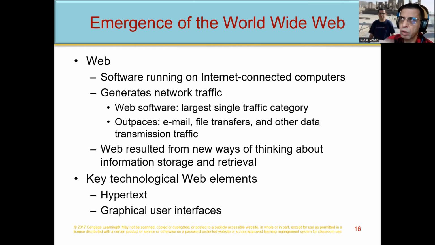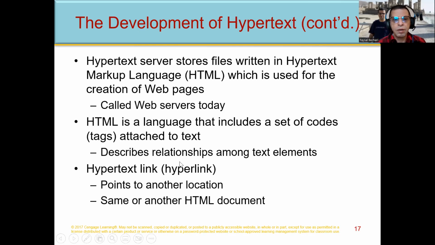The key technology elements of the web are basically hypertext and the graphical user interface. We'll look at how hypertext and the graphical interface work. Basically, there are hypertext servers, which store files written in HyperText Markup Language, called HTML, which is used for the creation of web pages.